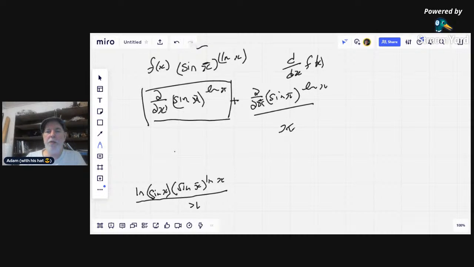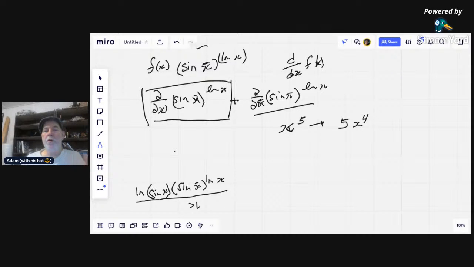Let's say, just as an example, we had a 5 up here, and we want to take the derivative of that. To do that, we would bring the 5 down here and put x to the 5 minus 1, which is 4. That's what we would do.